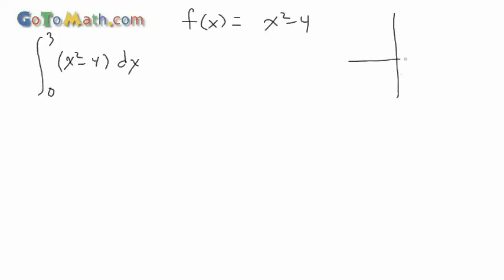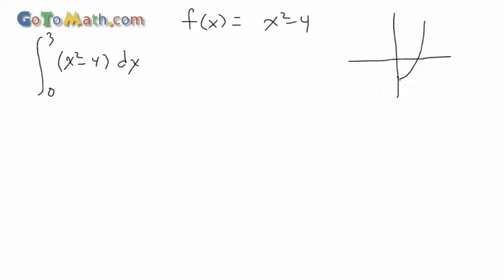Right? So we're going from 0 to 3, and our function is x squared minus 4 dx. So f of x, I don't know why I'm writing this up here, but I am, x squared minus 4. All right. So the first thing we're going to do is, I don't remember what this thing looked like, right?